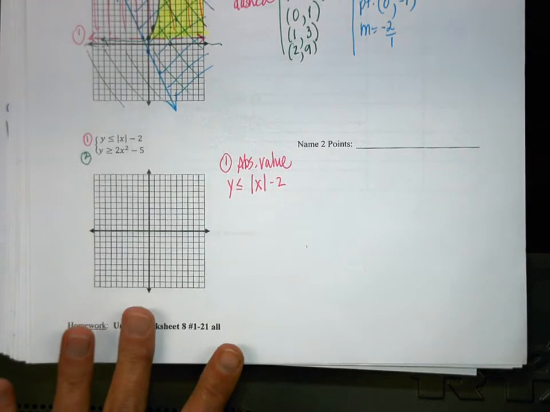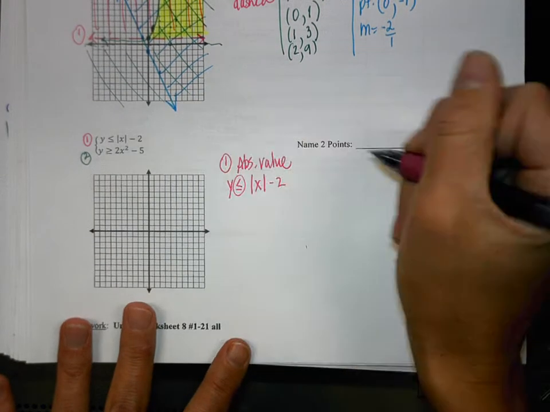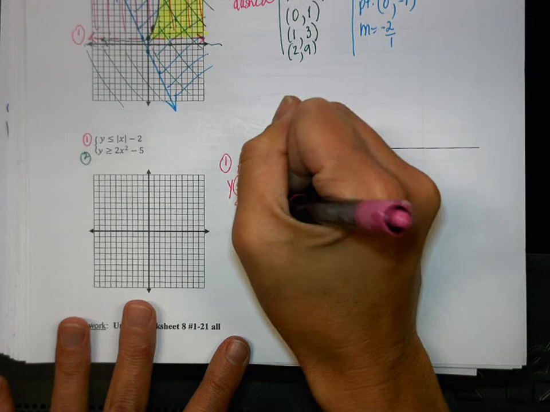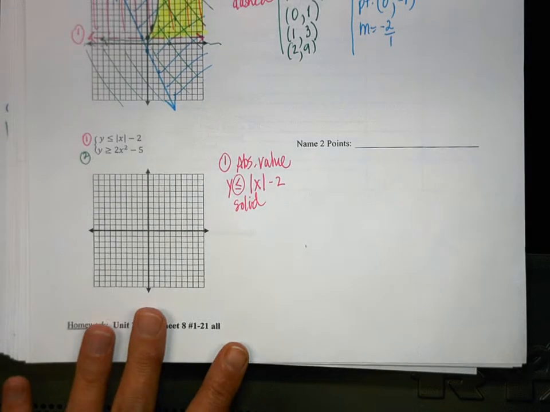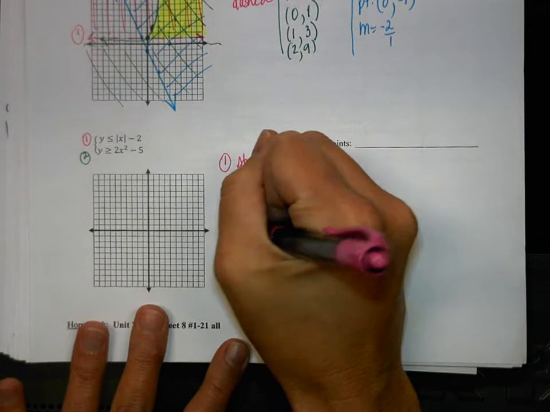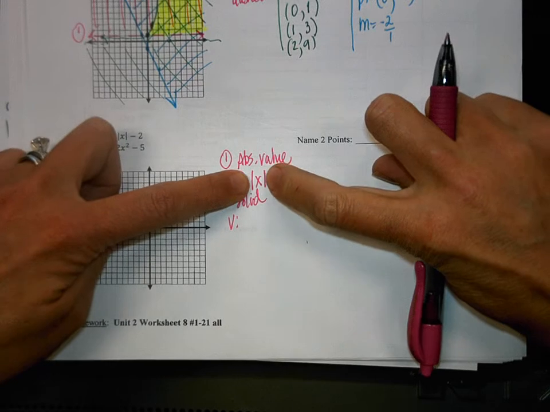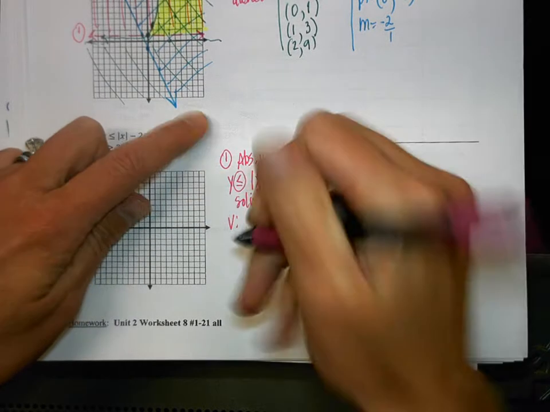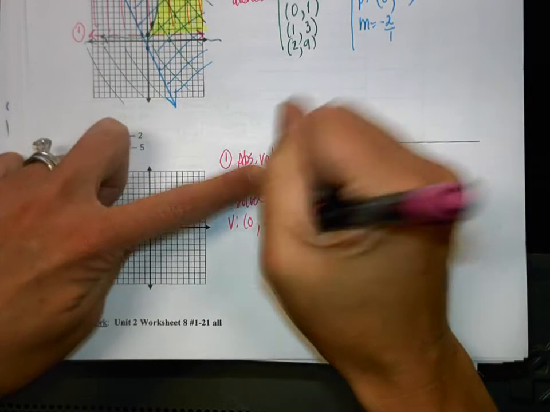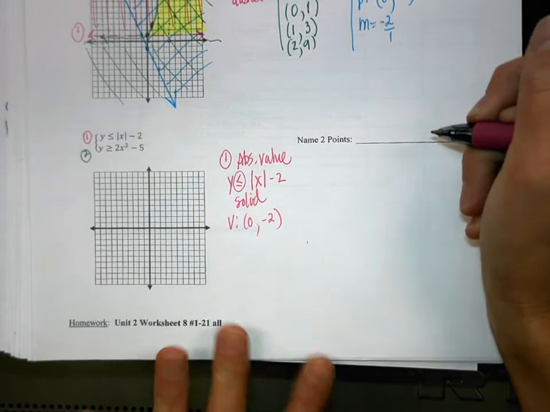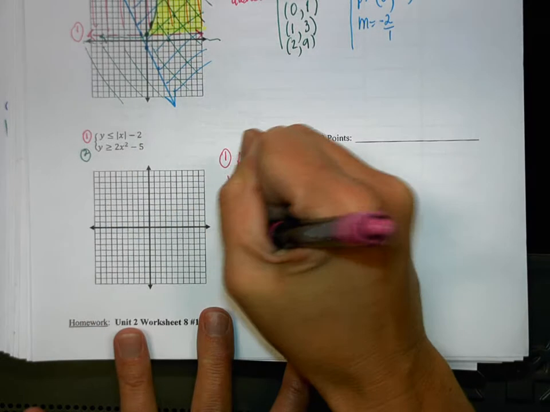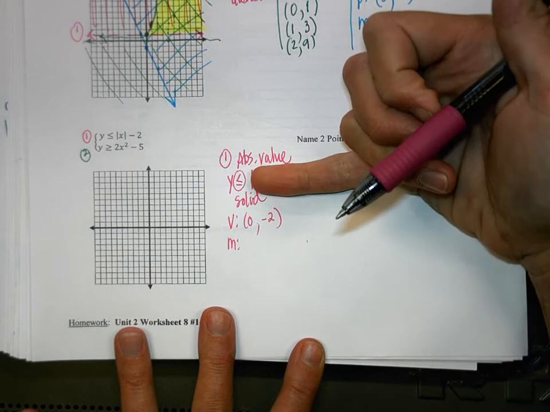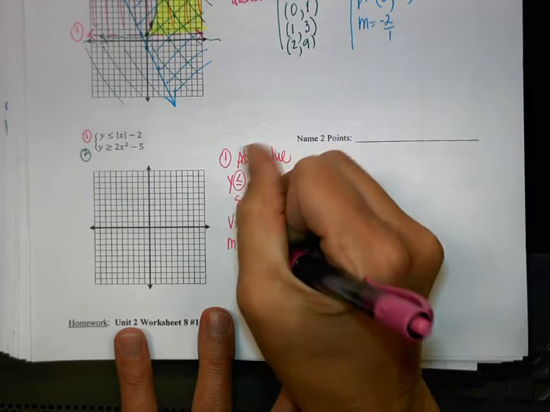Based on the fact that this has an equal to sign, we know that it will be a solid line. Next, our vertex. There is nothing inside the absolute value with the x, so that means the x value is 0. The y value is negative 2. Since there is no value in front of the absolute value, we know there's a 1, and so our slope is 1 over 1.